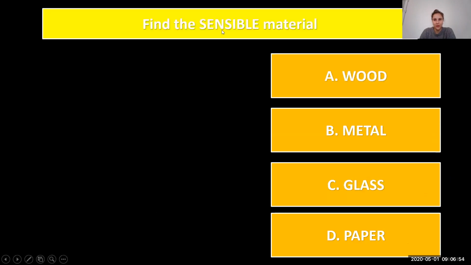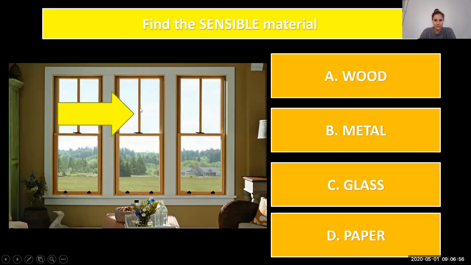Okay, let's do one more. So the window, which material would be a silly or sensible material to make a window? You need to think. A window needs to be transparent. It needs to be quite strong because if it rains a lot, it should not break. And it needs to protect us from the outside winds and birds and all those things.